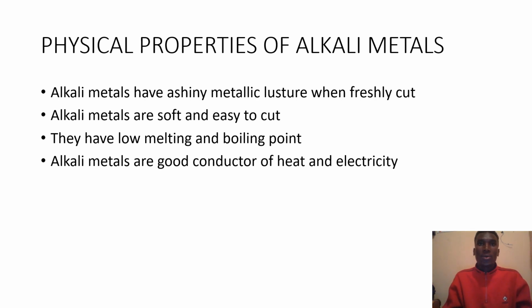Also, we can talk about similarities of ions and the formula of some compounds of alkali metals. The alkali metal ion lithium combines with the hydroxide ion to form lithium hydroxide.